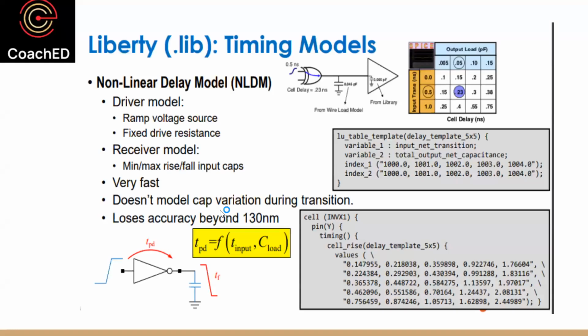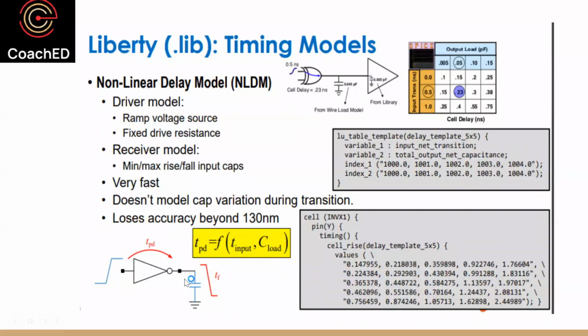So this slide shows an example of how the .lib syntax internally may look. Some of you may not have seen this at all. So let's ignore all these aspects because I think you already understand some of it.